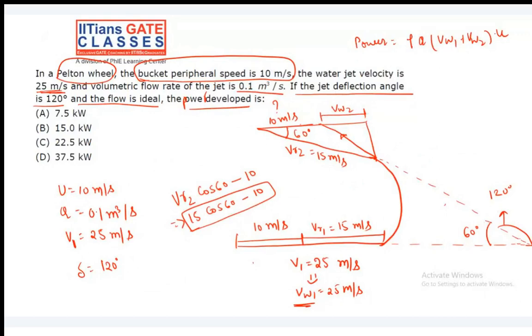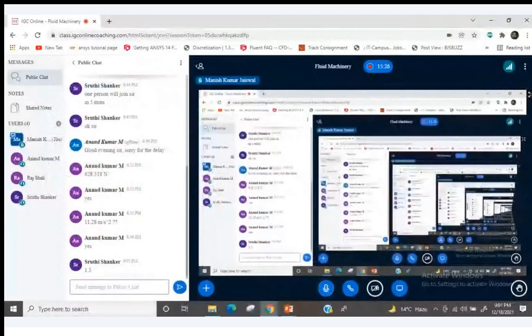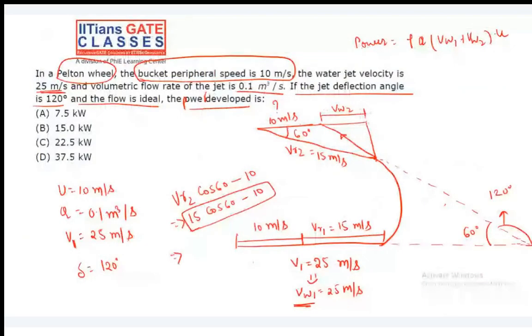This is not 1.5. This must be 2.5. So this is 2.5, and minus 2.5.